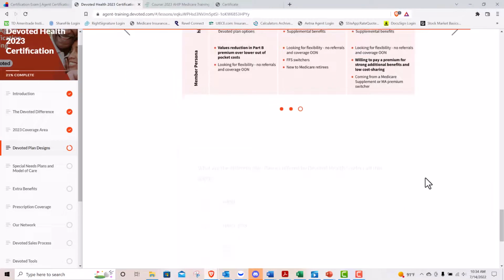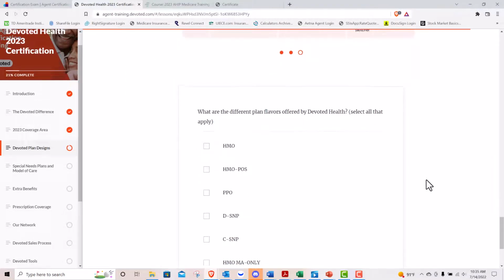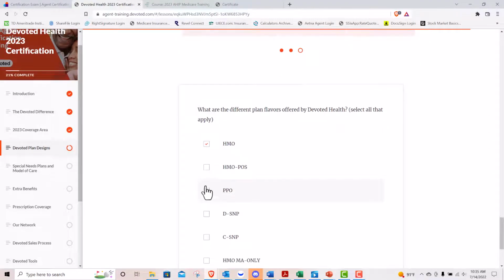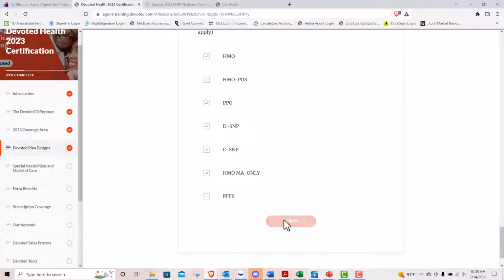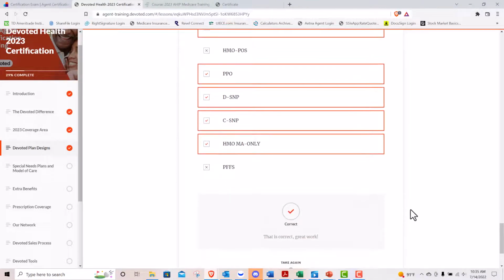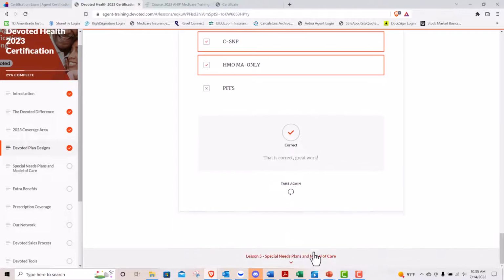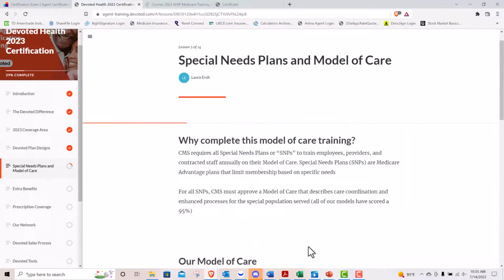Okay. Got an HMO, PPO, D-SNP, C-SNP, HMO only. There we go. Special needs plan.